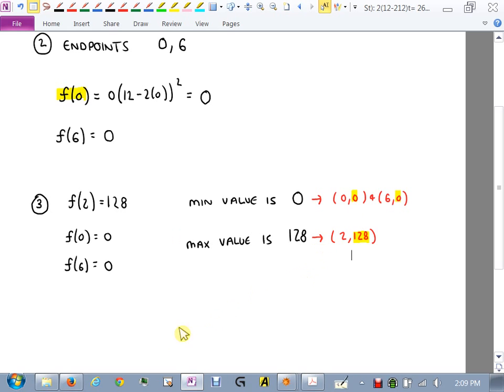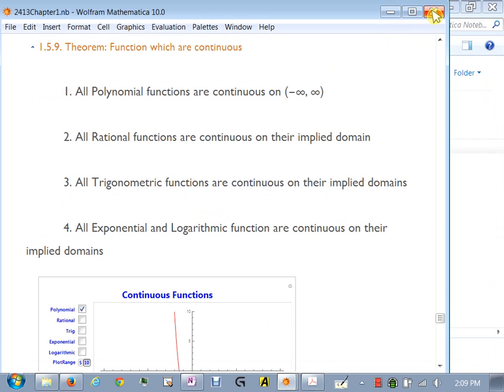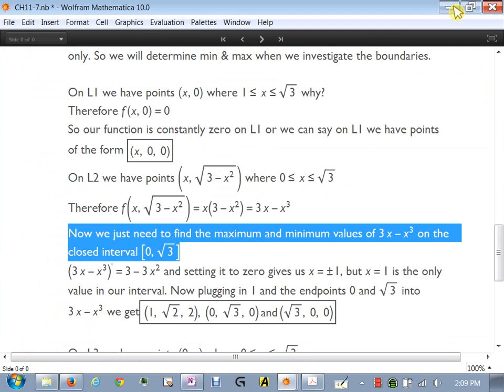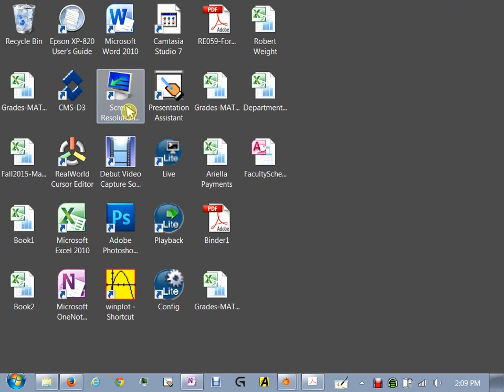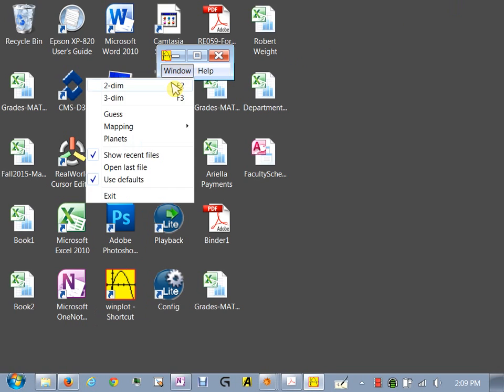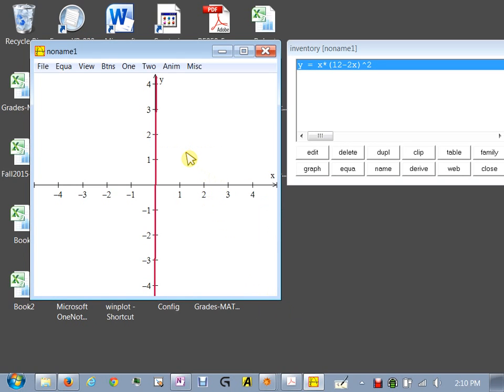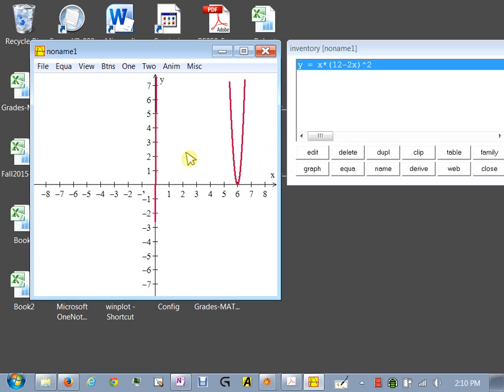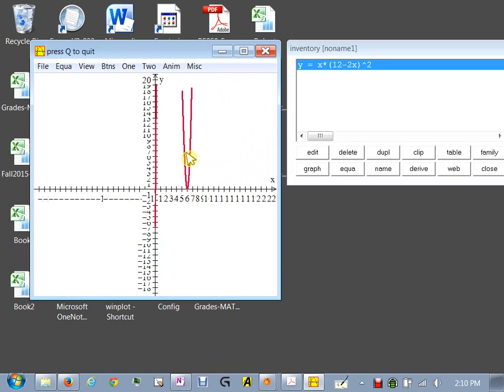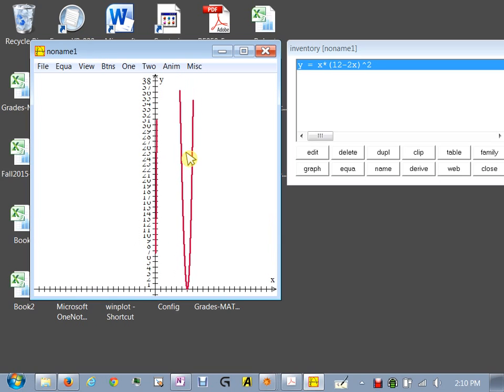All right, now let's take a look geometrically at what we just did. God, how many windows do I have open here? I'll bring up good old Winplot, type in the function, which was x times 12 minus 2x quantity squared, and there we go. Wow, that's not working out too good.